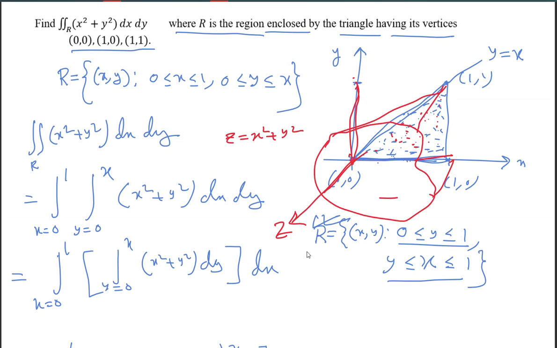So as y goes from 0 to 1, x runs from this line to this line. The line equation is y equal to x, so x runs from y, and the other line is parallel to the y-axis, that is x equal to 1. So x runs from y to 1.